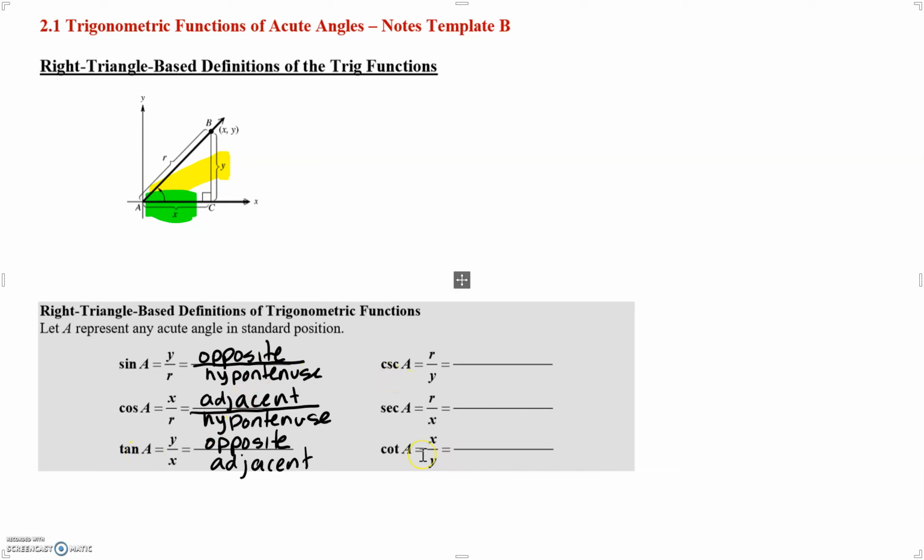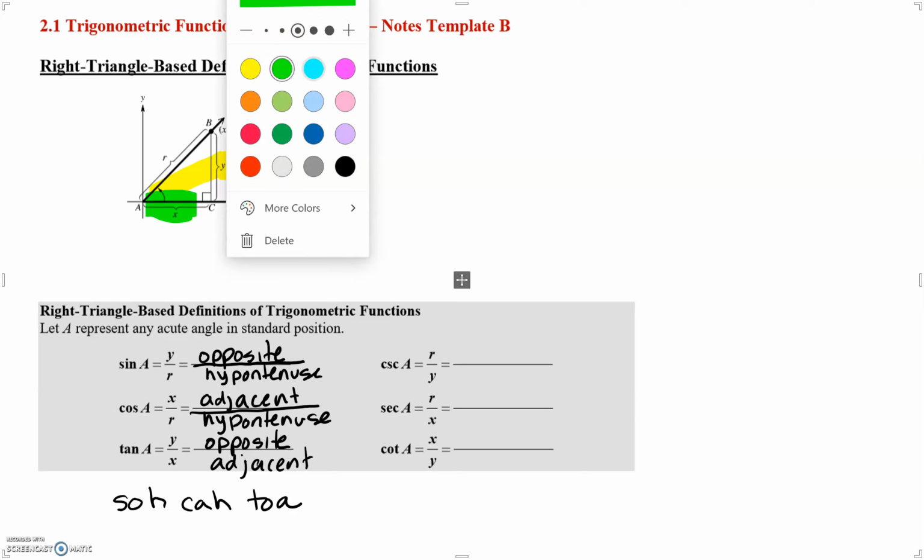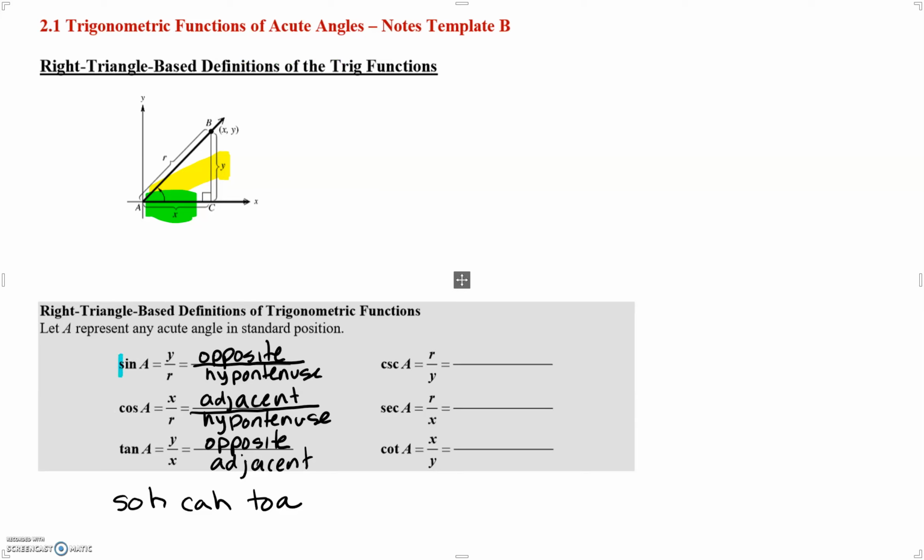Before I go to the next three, there's a little saying to help you remember this. I think I've mentioned this in a video before, called SOH CAH TOA. And where these are coming from, and let me do this in a different color, maybe blue. The S stands for the SOH, right? There's the SOH.